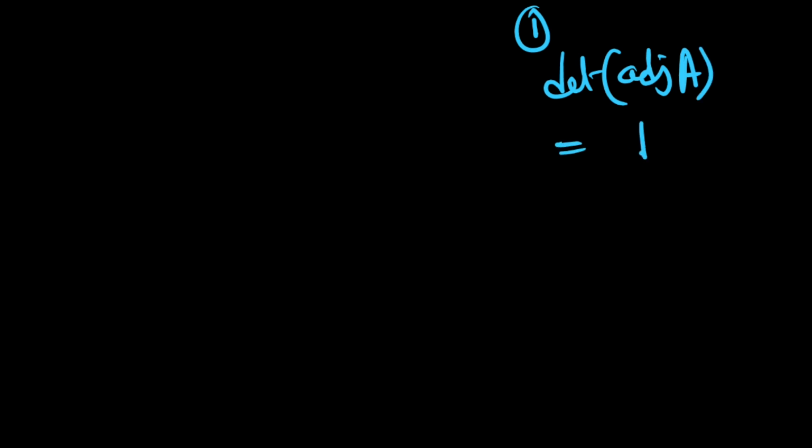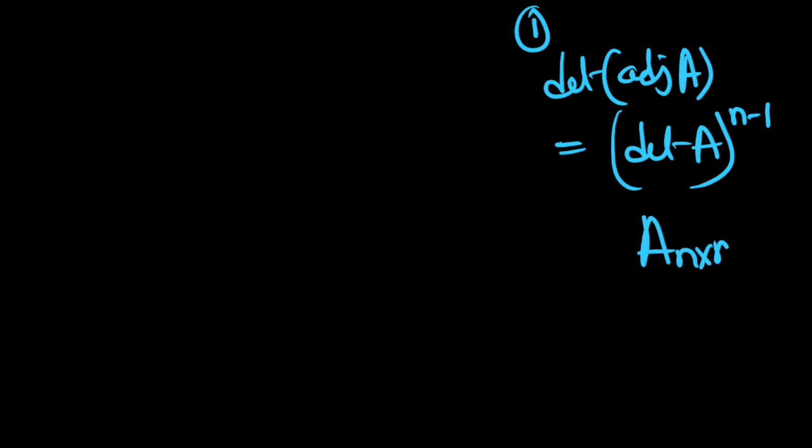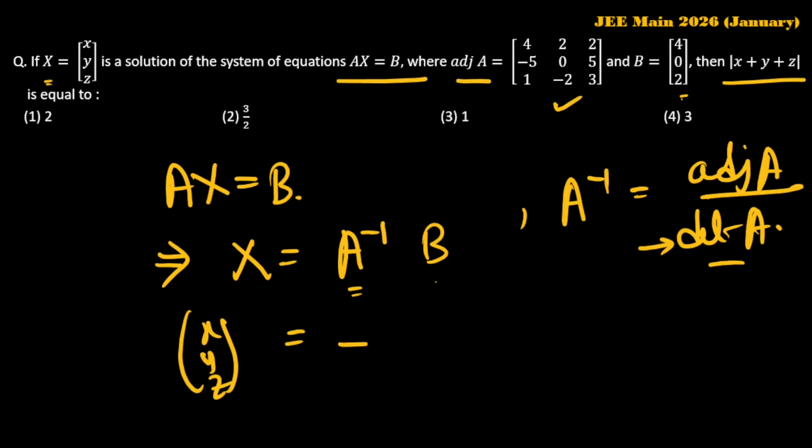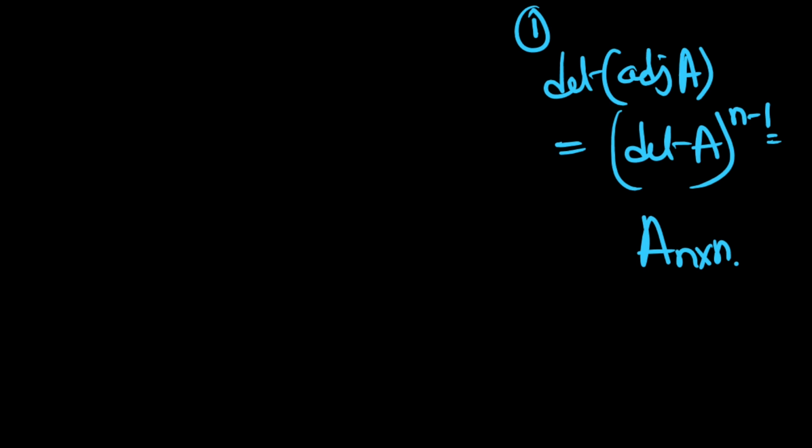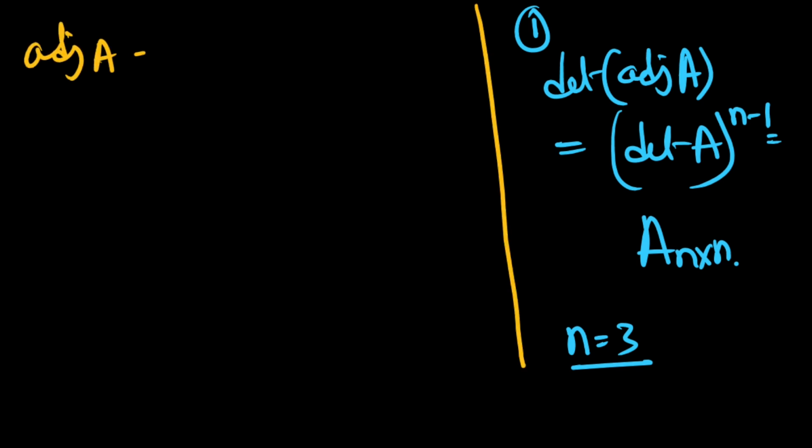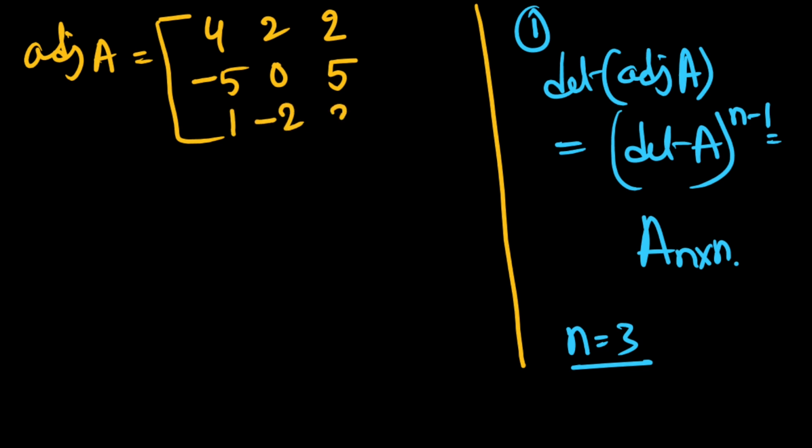In this case we apply one formula: the determinant of the adjoint of A is equal to the determinant of A to the power n minus 1, where A is an n by n matrix. In the question the matrix is 3 by 3, so n is equal to 3. The adjoint of A is given as the matrix 4 2 2, minus 5 0 5, 1 minus 2 3.